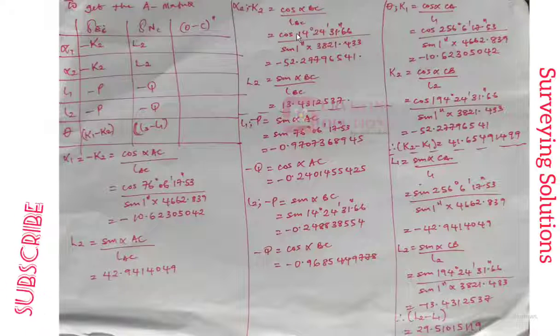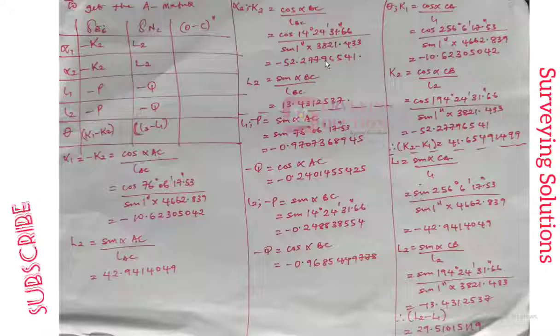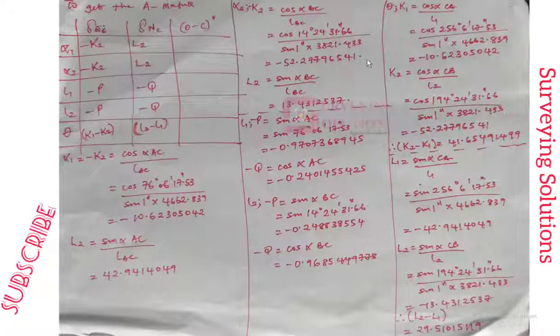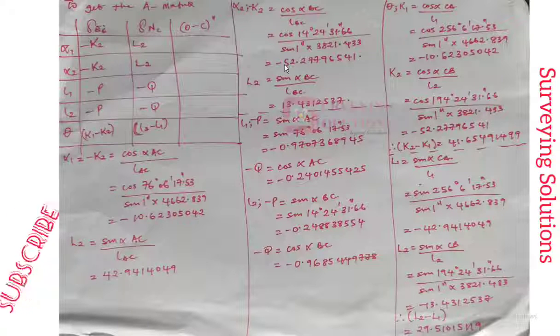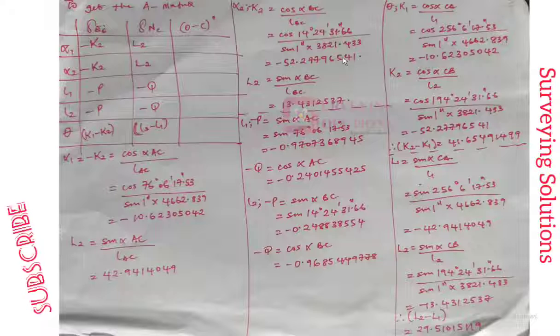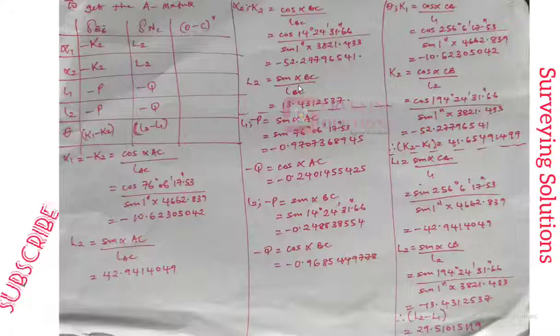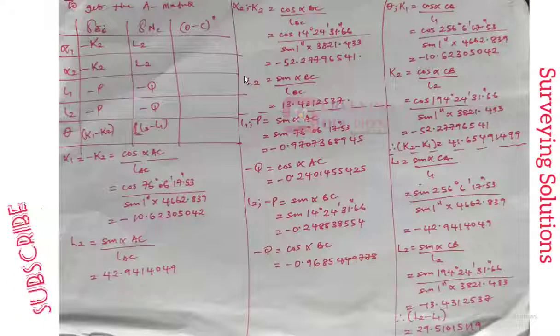We computed the bearing of BC as 14 degrees 24 minutes 31.66 seconds, divided by the length, but we multiply the length by sine 1 second. So you are going to have something like 52.277965. However, since there is a negative sign attached to the coefficient, your answer becomes negative. Same thing, you come down to your L2, which is positive, so you don't have any issue.